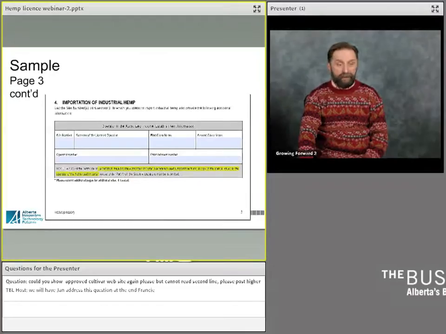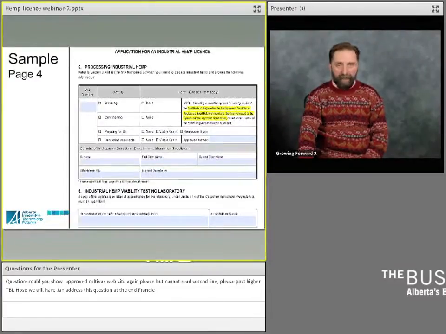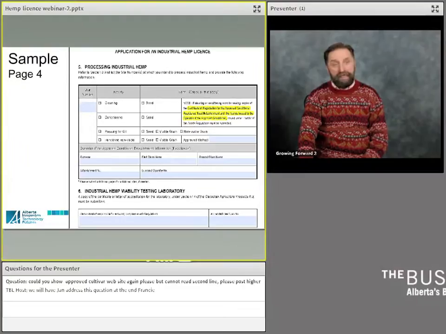If you're truly interested, by all means, you can approach me or the person I will indicate in a few slides. This is sample 4, and I'm discouraging you from processing industrial hemp, for the same reasons I mentioned for importation, because you have to obtain a certification from the Canadian Seed Institute and obtain several other licenses.